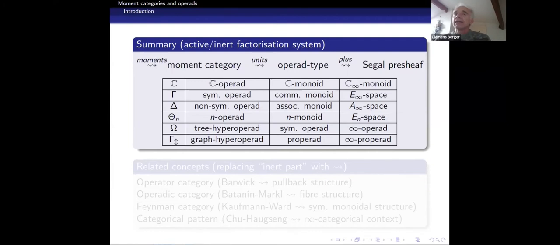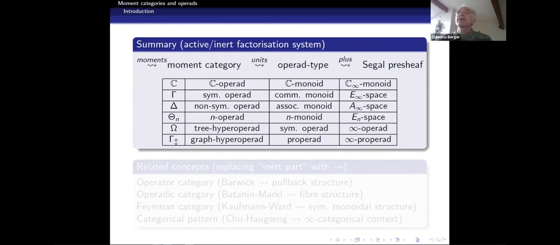So I will try to convince you that all five categories have one thing in common. They are a moment category, so they carry a certain factorization system. And you can associate to such a factorization system a notion of operads. So for Gamma, it's the classical notion of symmetric operad. For Delta, it will be the notion of non-symmetric operad.